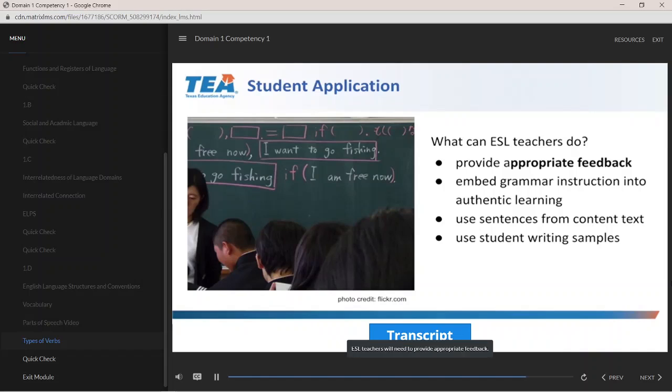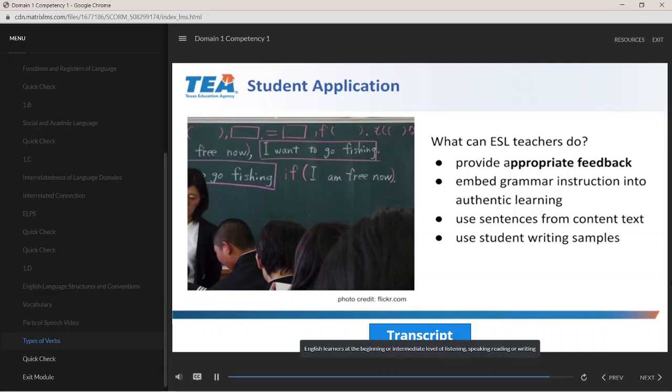ESL teachers will need to provide appropriate feedback. Component 4G in Domain 2 will help you understand what exactly appropriate feedback consists of and how strategies such as restating with correct grammar while not overemphasizing the mistake are important. Grammar is part of the reading language arts content instruction in grades K through 12.